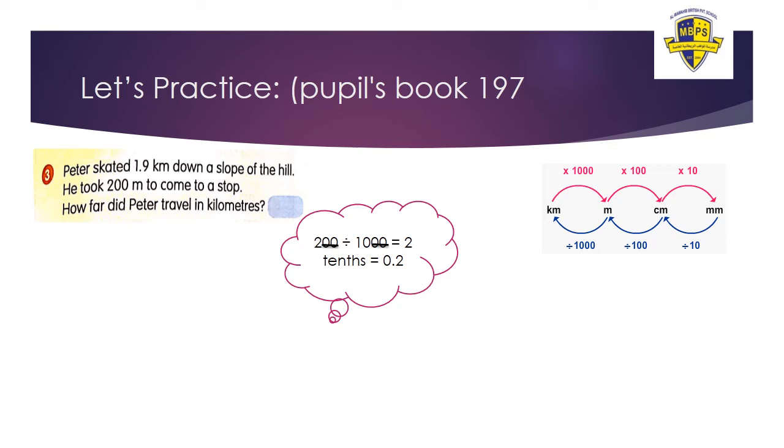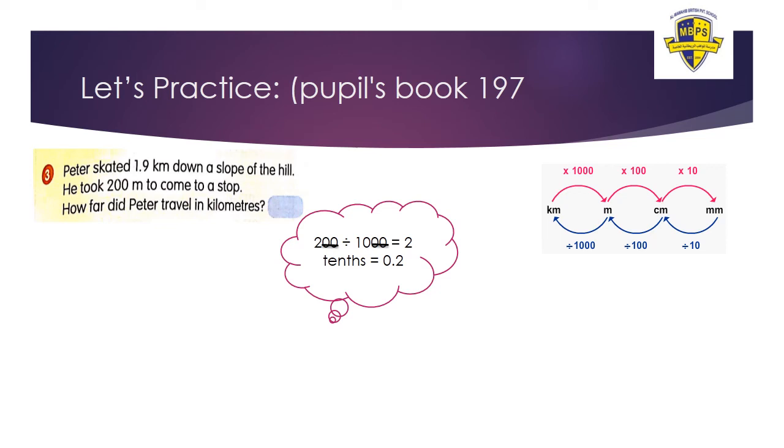Okay, let's think together. I want to convert from meter to kilometer. So is this from small to big or from big to small? This is from meter to kilometer, small to big. Excellent. And when I convert from small to big, which operation do I use, multiply or divide?